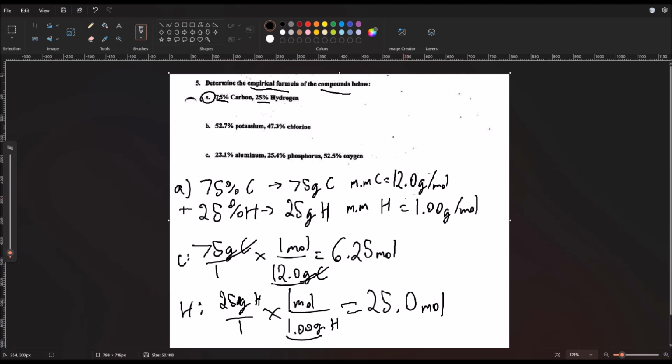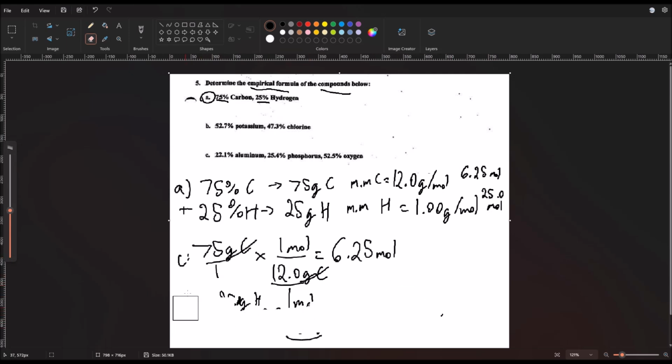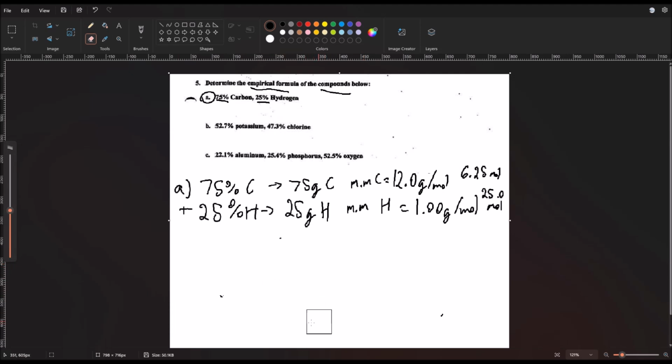All right, so now that we have that, let's write down how many moles each of our elements have. And let's go even further with this. The reason why we're converting to moles is going to be a lot more evident when we start dividing by the smallest value given to us.